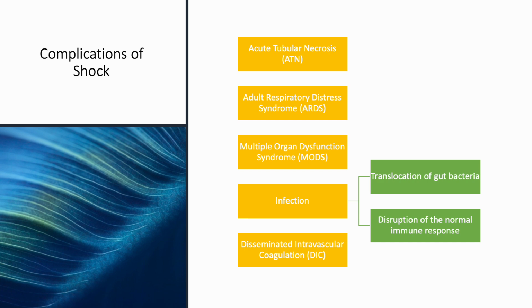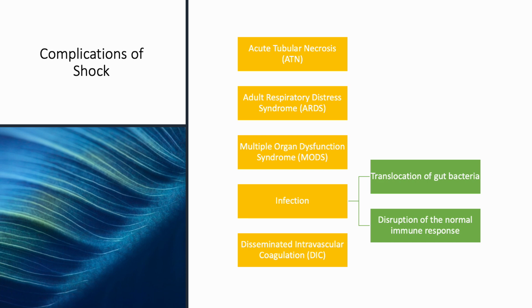Infection. In the context of shock, especially sepsis, infection can worsen and lead to translocation of gut bacteria. This occurs when bacteria in the gut cross into the bloodstream, further exacerbating infection. And then disruption of the normal immune response. The body's immune system may become overwhelmed, leading to impaired ability to fight off infections.